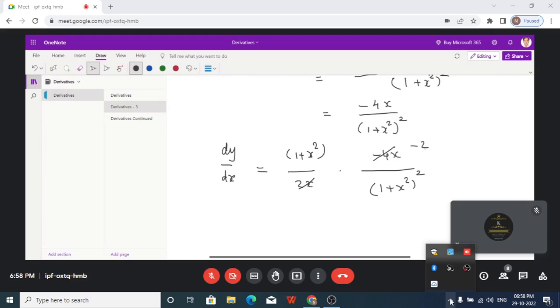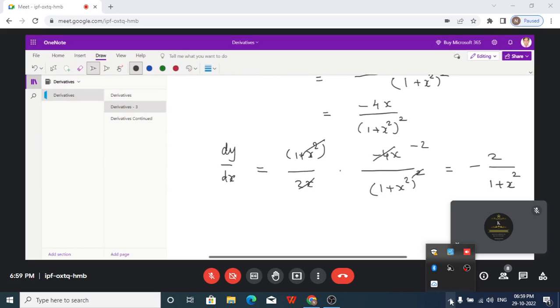Similarly, 1 power will go, and the square will become simply 1 plus x square now. So what will remain? Minus 2 by 1 plus x square. So this is the answer.